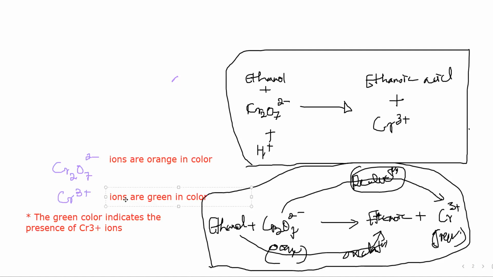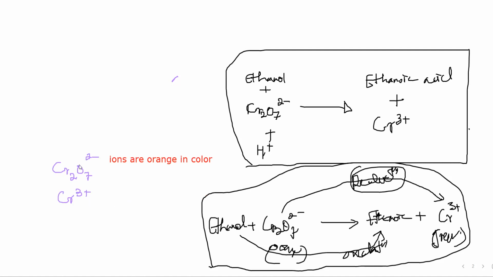Reduction is gain of electrons. So go to this box here. Cr2O72- has undergone reduction, okay? Yes, gain of electrons. Correct.